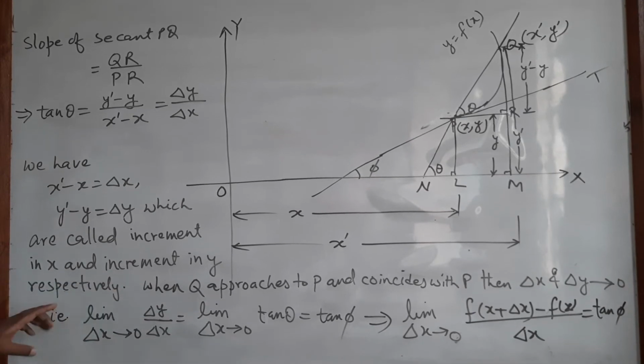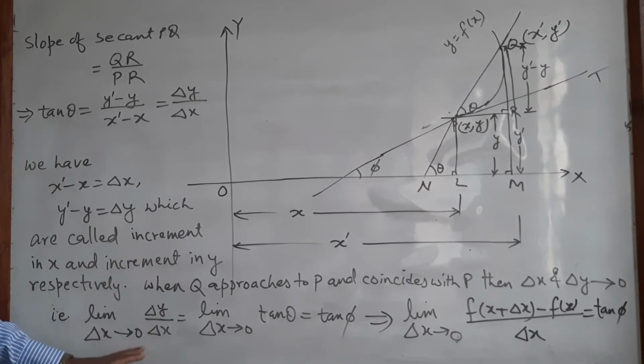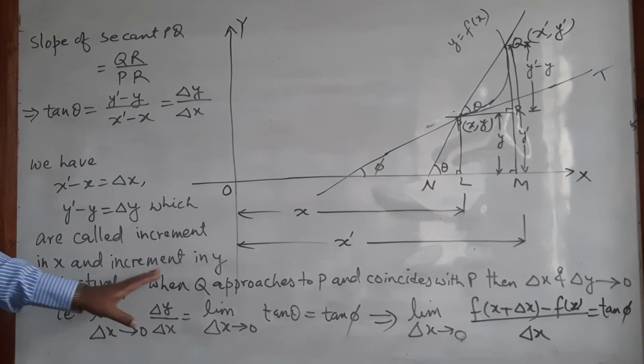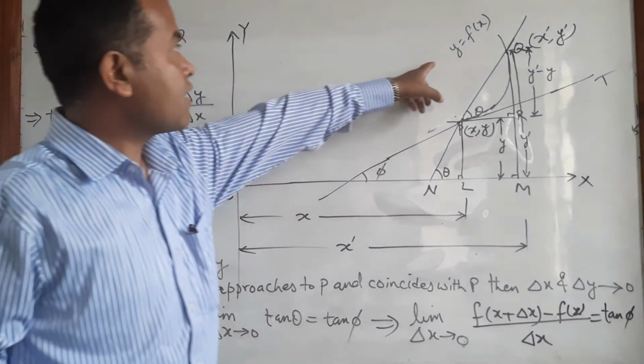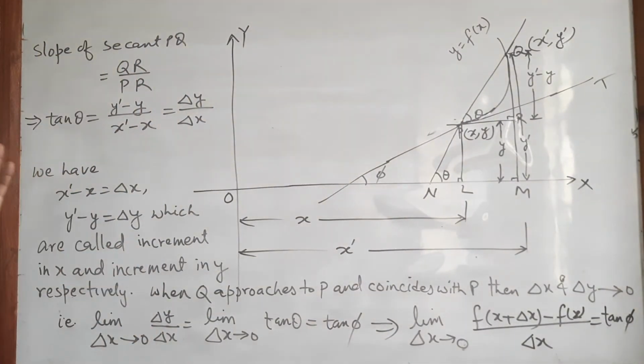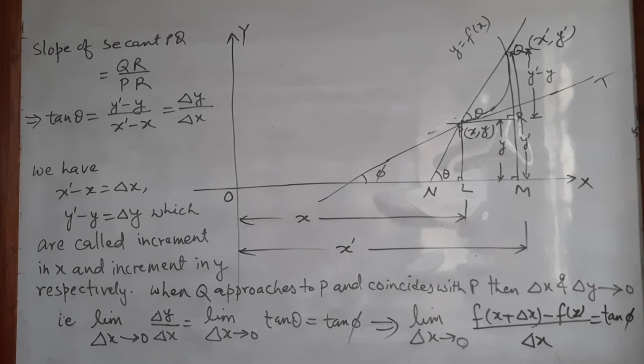So this limiting value of del y over del x, when del x approaches 0, is known as the derivative of the function y equals f(x). This is the geometrical concept of the derivative. That means the derivative gives us the slope of the tangent at any point on the curve.